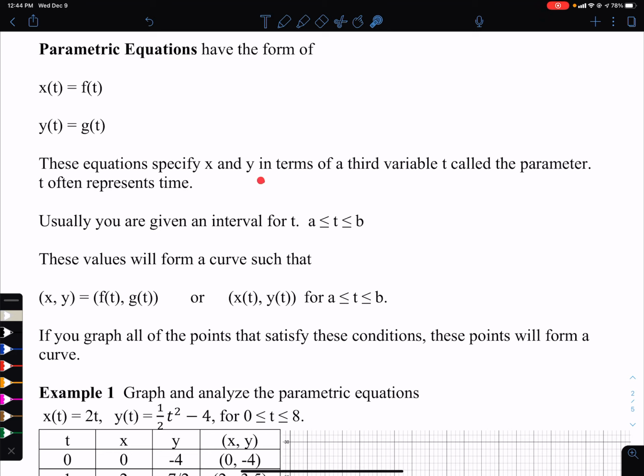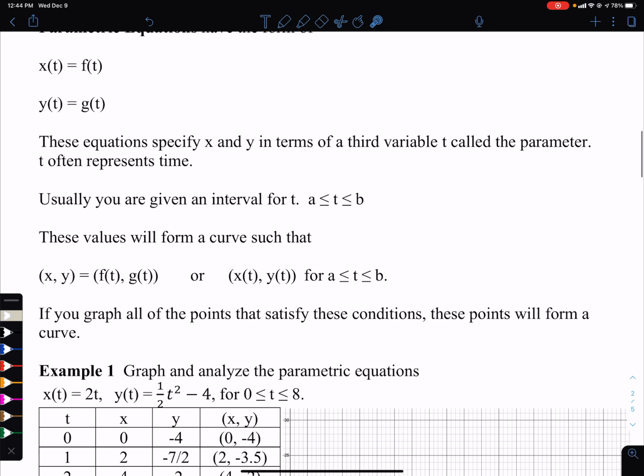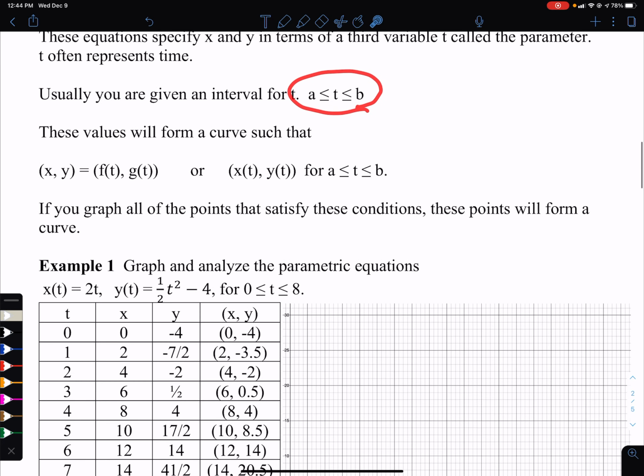So these equations specify x and y in terms of a third variable t called the parameter, and it's usually t. It doesn't have to be t. And in our case, t often represents time. And you're going to be given an interval of time, a starting and ending time. And if you take every single t between these, you will form a curve, and you'll have x and y coordinates, as I showed you.